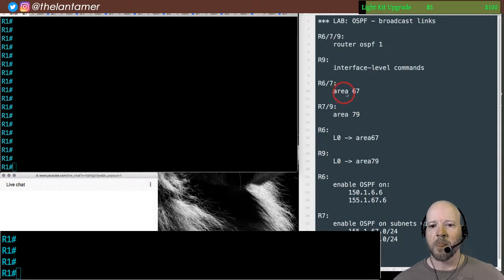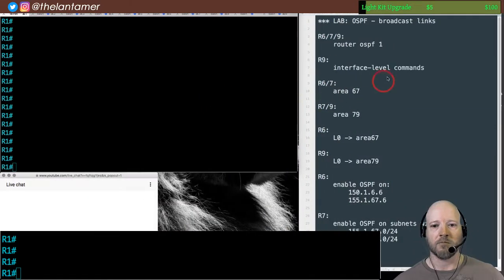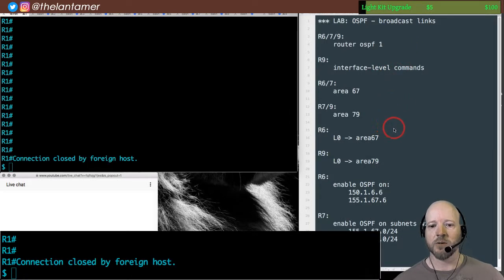So it looks like 6 and 7 are in area 67, and 7 and 9 are in area 79. It doesn't say anything here about area 0, which I find interesting. Obviously, for there to be any sort of communication between them, we need to have an area 0.